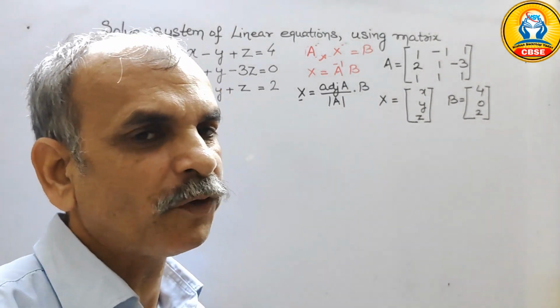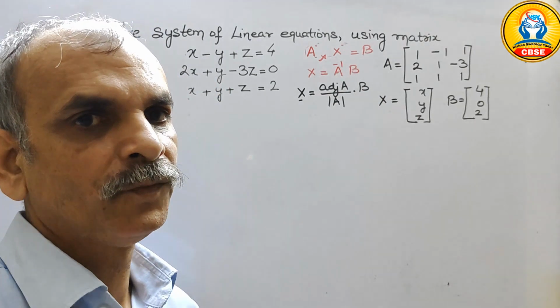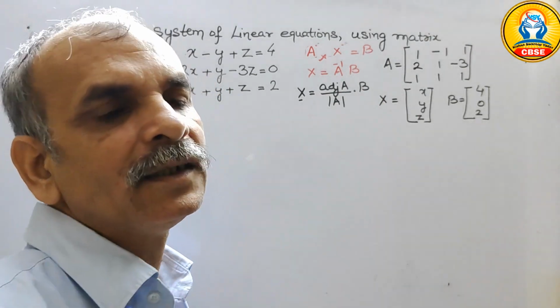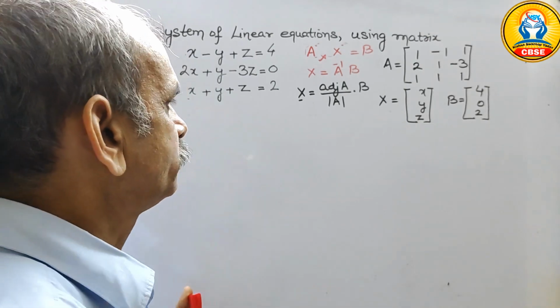So first we have to find out the determinant of A. Then only we will know whether A inverse exists or not.